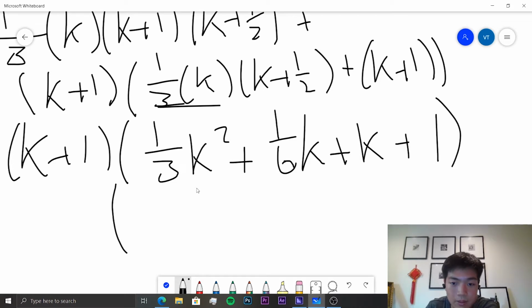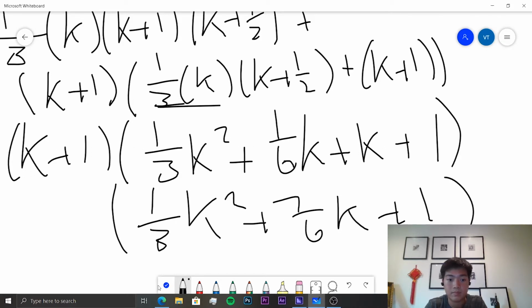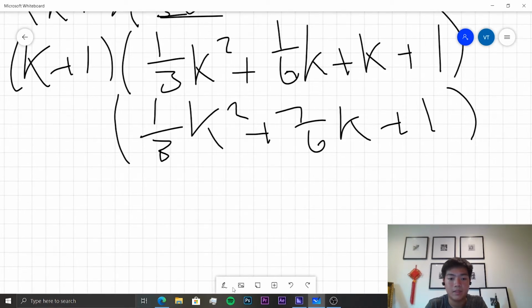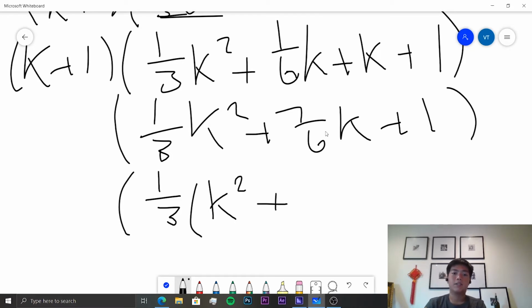And that's all equal to, let's factor this back out. So this would be (k plus 1) times [1/3 k squared plus 7 over 6 k plus 1], which is equal to 1/3 times [k squared plus 7 over 6 divided by 1/3, which is 7 over 2, k plus 3].